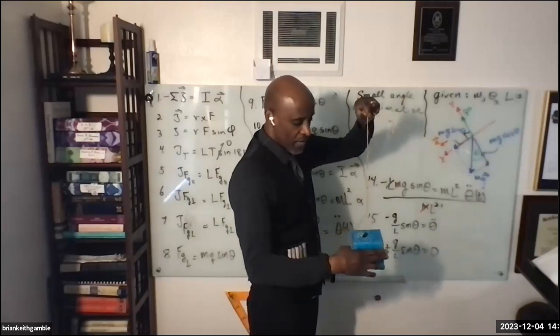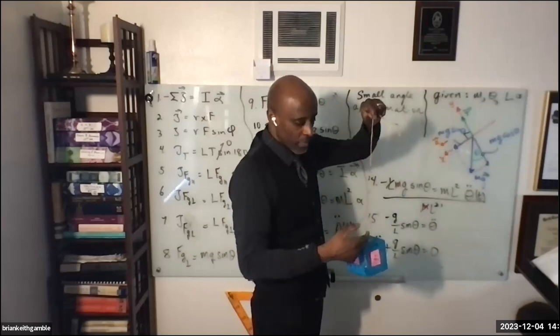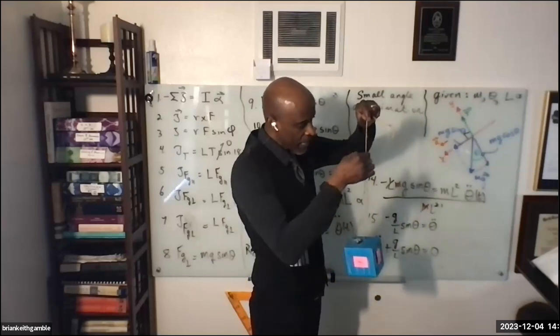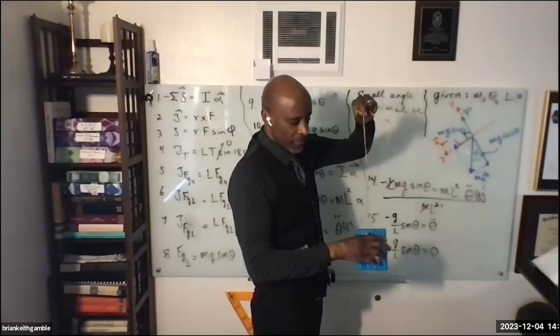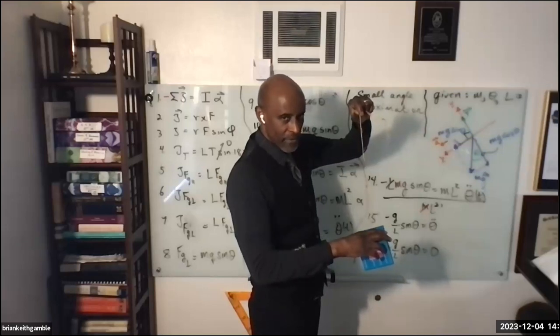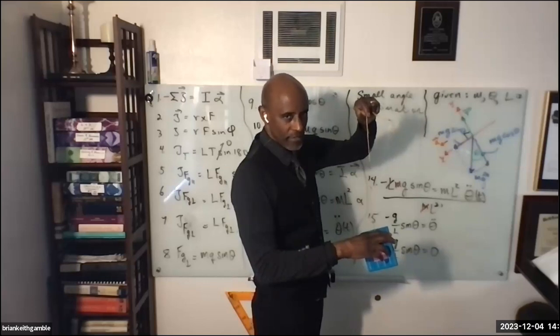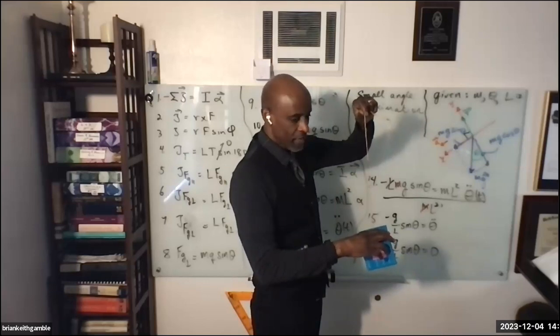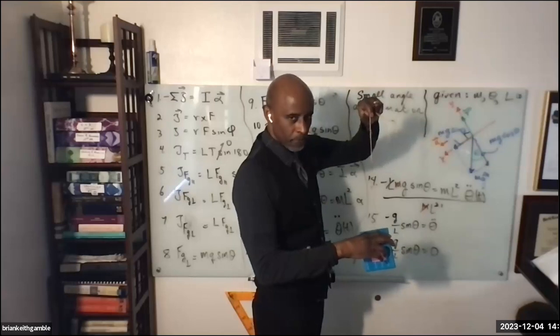But whenever that arc length S is much, much smaller than the length L, then the angular displacement is going to be relatively small. But more importantly, X, the perpendicular distance from the maximum amplitude to the equilibrium position, is approximately equal to S. And if you worked out a numerical analysis, you could see that with various angles.